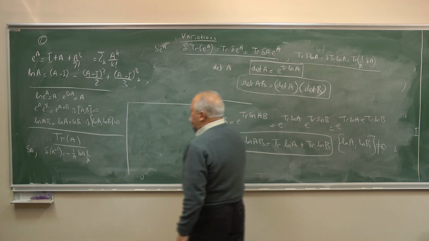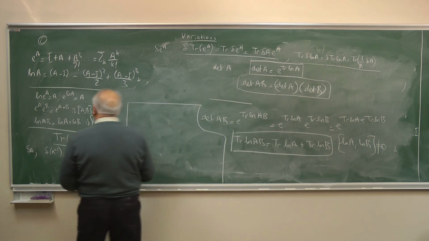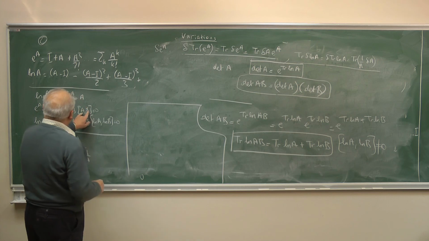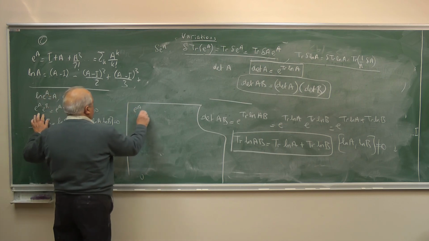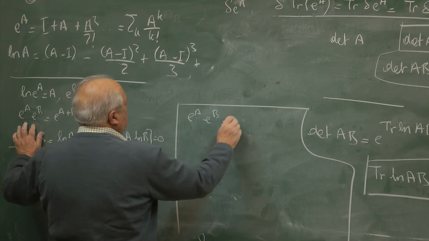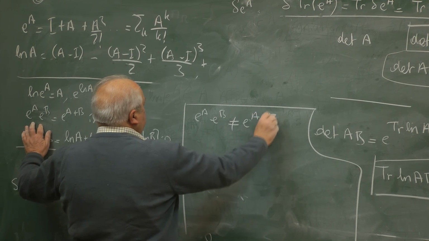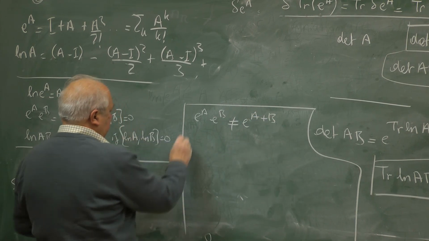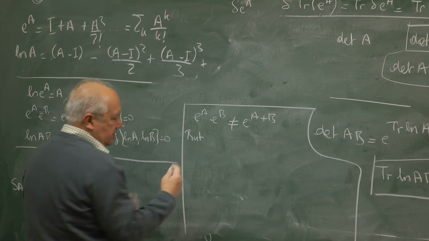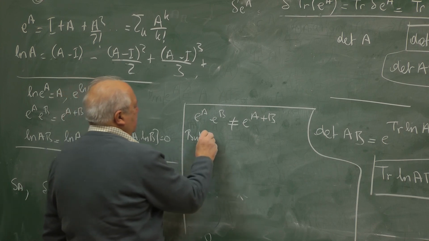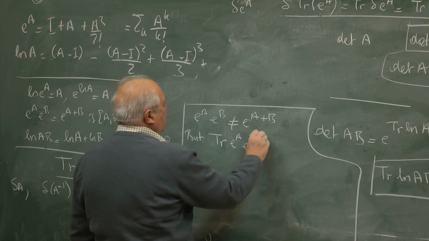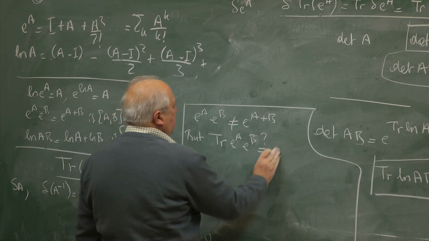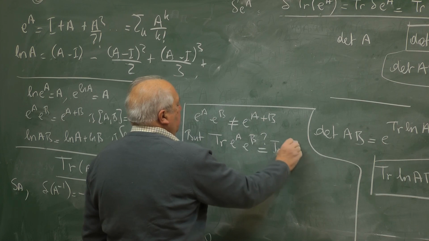It immediately brings to question, if A and B do not commute, then e to the A, e to the B is not equal to e to the A plus B. But the immediate question that comes to mind is trace e to the A, e to the B. Is this equal to trace of e to the A plus B?